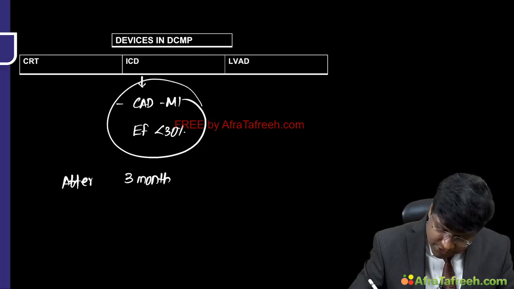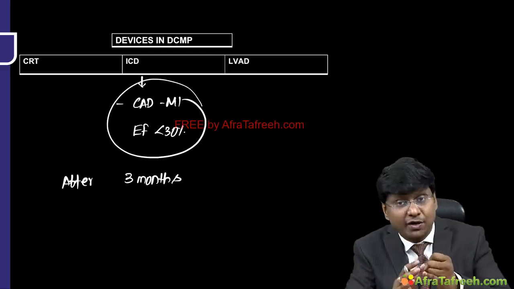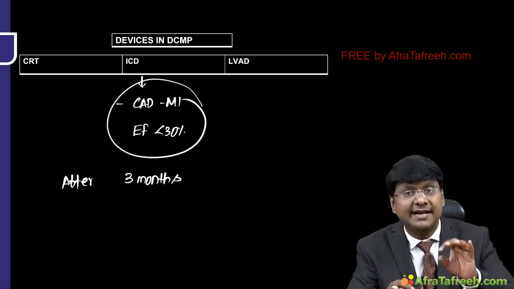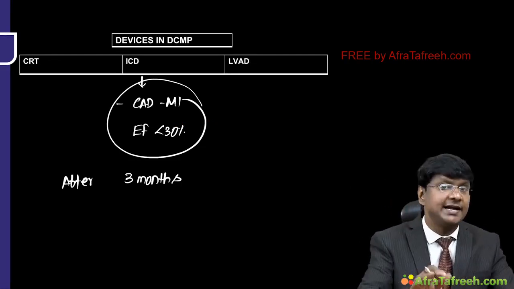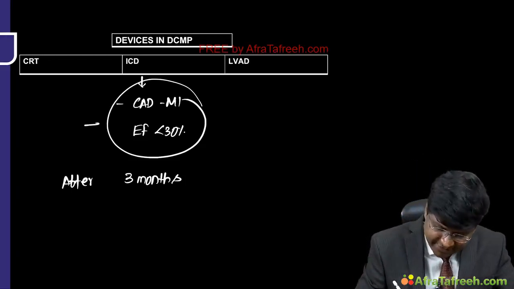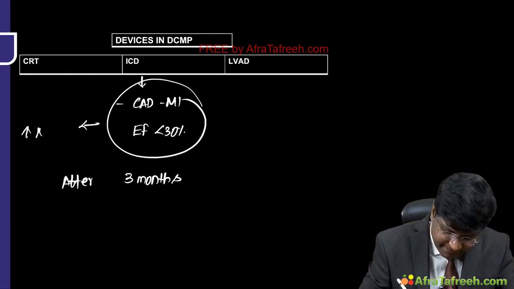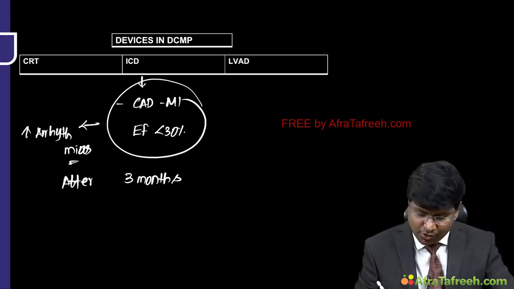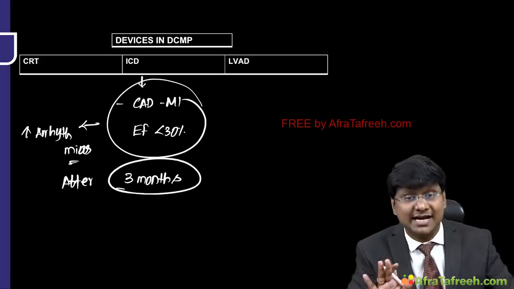After 3 months of the development of myocardial infarction with ejection fraction still less than 30%, he is an ideal candidate to place an ICD, right? Why is that? Because these individuals are at increased risk of development of arrhythmias, where they can have sudden cardiac death. So the ICD has to be placed in these individuals. So this is almost like a class 1 indication.